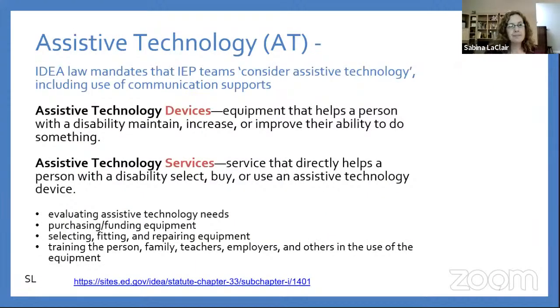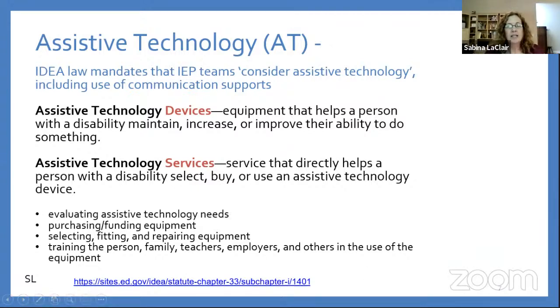So the next thing is assistive technology. This is important as IDEA law mandates that the IEP team must consider if the student requires AT and/or AAC devices and services. Since we have to consider this on every IEP, we need to think about what assistive technology includes.